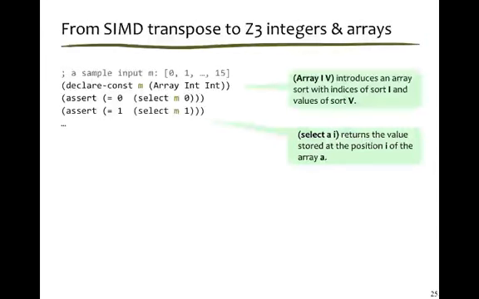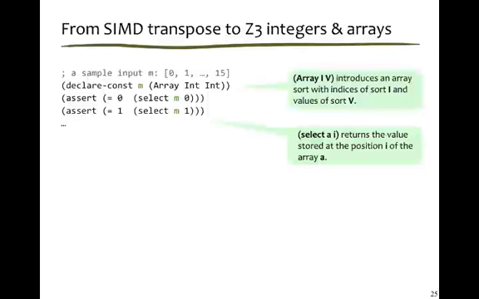So we are now ready to talk about arrays and our array variables. We've seen how to encode our selector variables, the ones that select indices, and now we're going to see how to encode the actual matrices. So here I'm introducing a new variable called m. I'm saying that that variable is of type array from Int to Int.